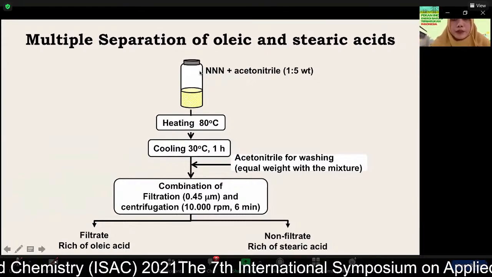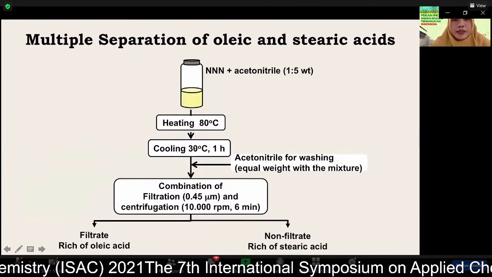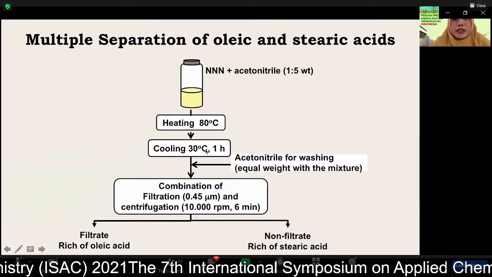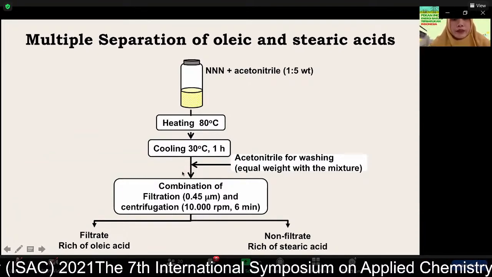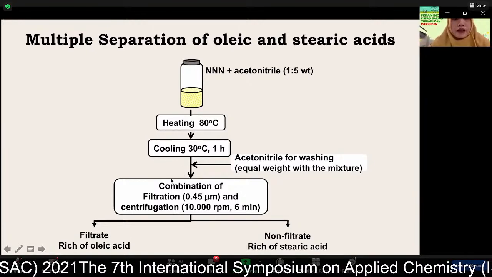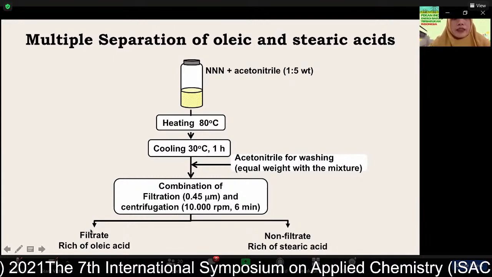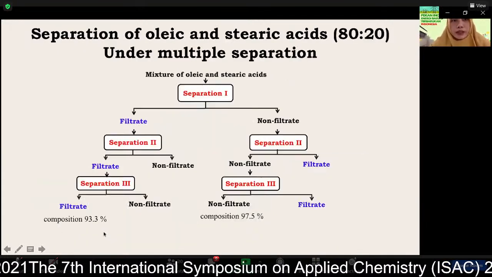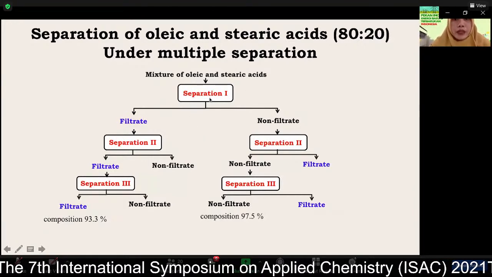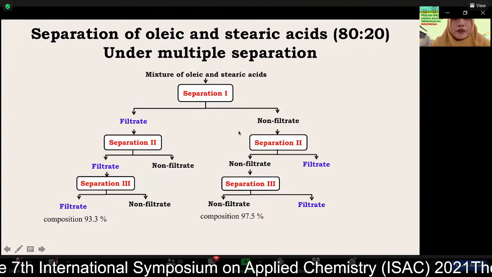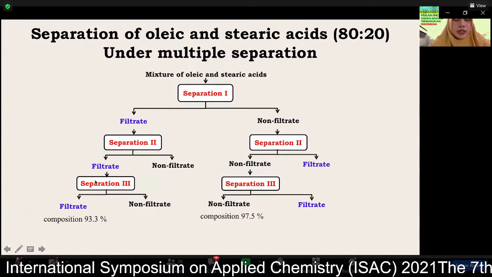This is the multiple separation method. Also, the mixture was heated up to 80 degrees C, then cooled down to 30 degrees C and kept for 1 hour and washed with acetonitrile. And we separated by a combination of filtration and centrifugation to get the filtrate and non-filtrate. After the first separation, we re-separated the filtrate and non-filtrate until a 3-step separation.